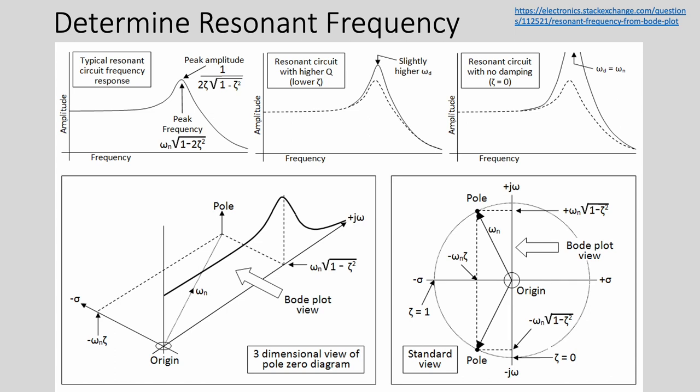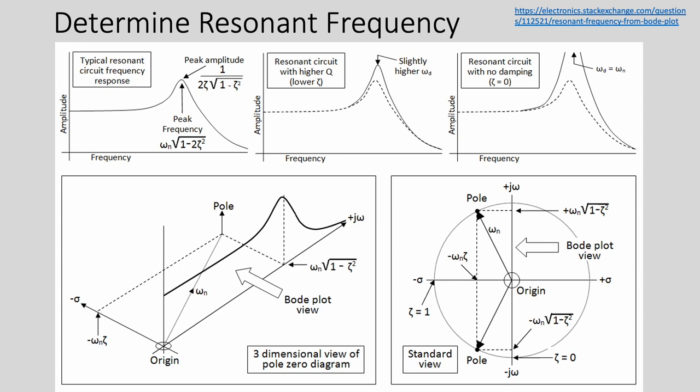There is a peak, and that is where the resonant frequency is. And then in this bottom left picture, they show the diagram of where the pole is, and then if you can imagine overlaying what the Bode plot looks like on it, you can see where the resonant frequency is.